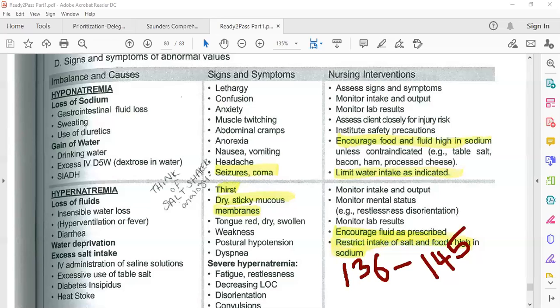At the beginning the patient will be restless and disoriented about time and place. Restrict the fluid as prescribed, or restrict the intake of salt, because of hypernatremia. So now let me go to the second page here.